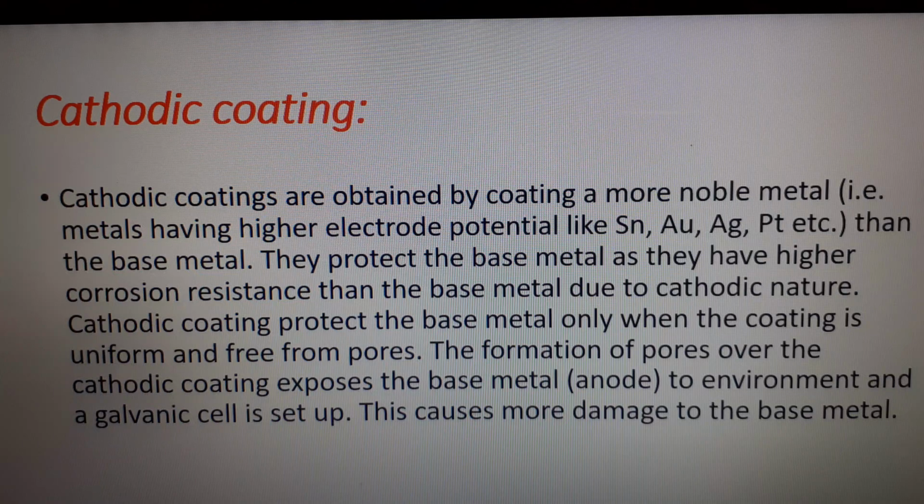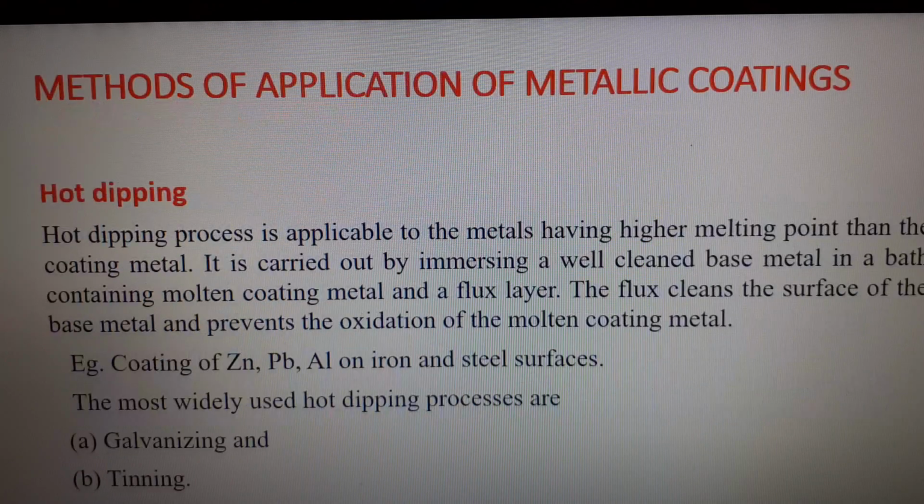So basically, what is the difference between the anodic and the cathodic coatings? Anodic coating protects the underlying base metal sacrificially, whereas the cathodic coating protects the underlying base metal due to its noble character and higher corrosion resistance.